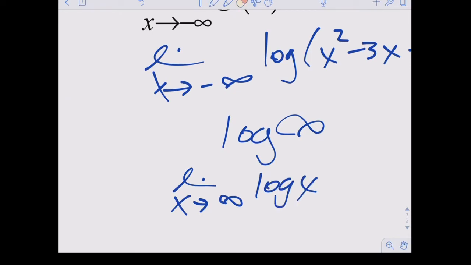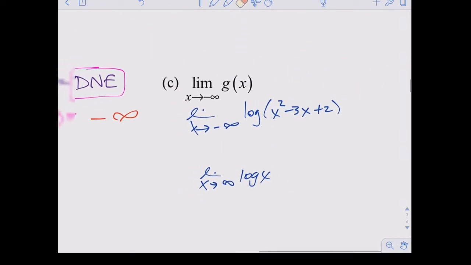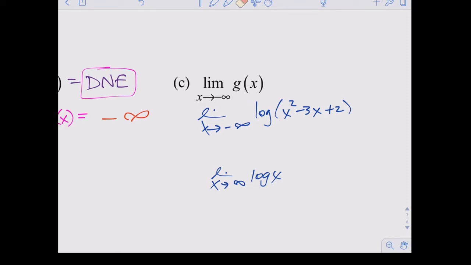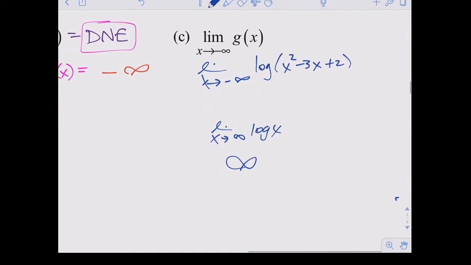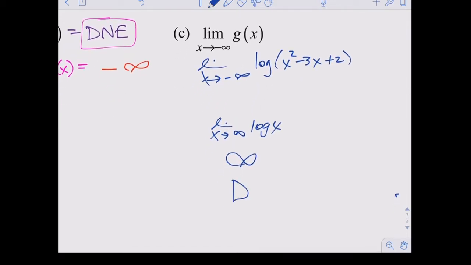And of course, then what happens to a logarithmic growth? What's the implied base? 10. A logarithmic growth function, as x gets really, really big, does go to infinity. And of course, infinity is technically non-existent, so D and E would be a correct answer, but not as informative as infinity. Good.